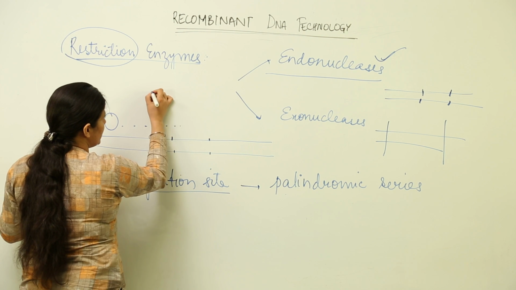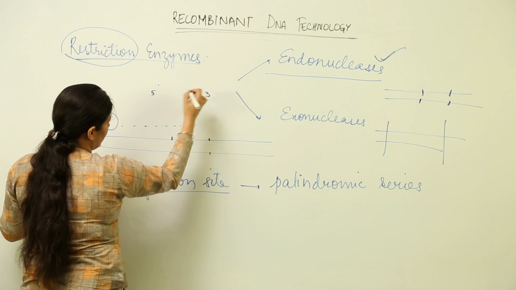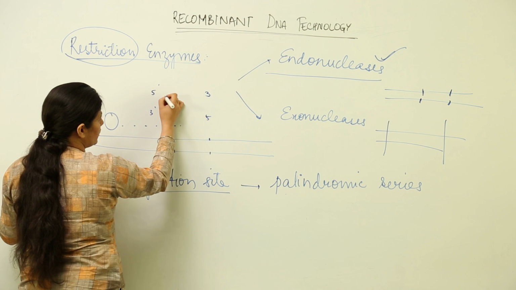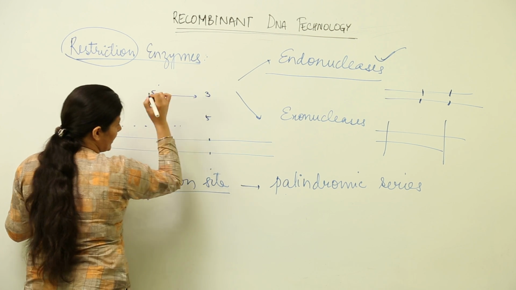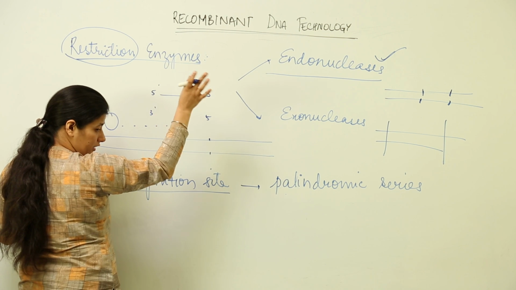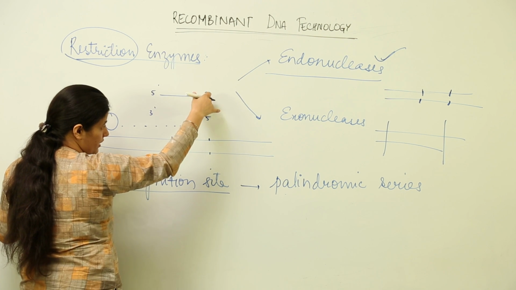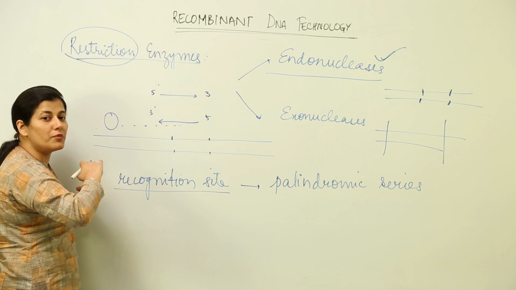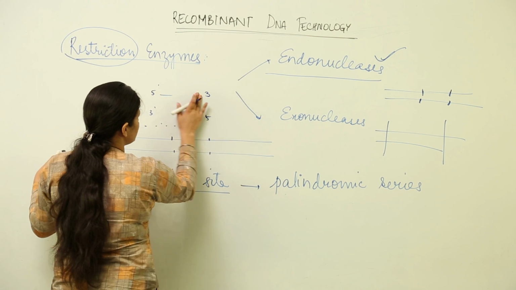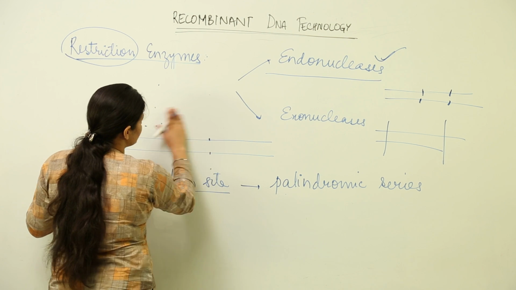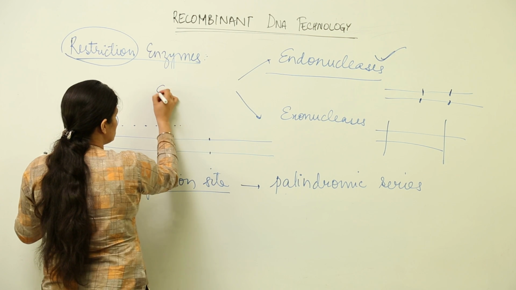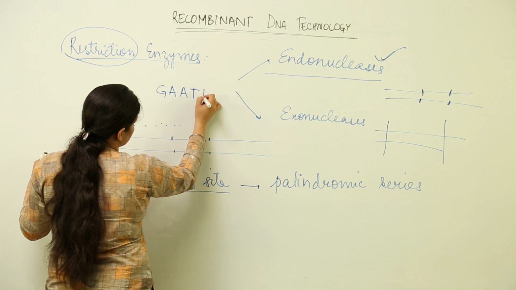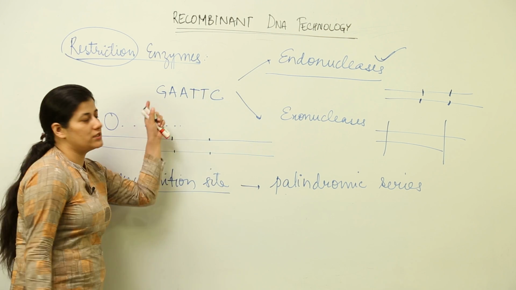Supposedly 5'-3' and 3'-5', if I have a particular sequence in the 5'-3' strand, the same would be in this if I read it in the opposite direction. And the simplest example that we have as a palindromic series on which most of the enzymes go and work is this. Now supposedly this is 5'-3'.